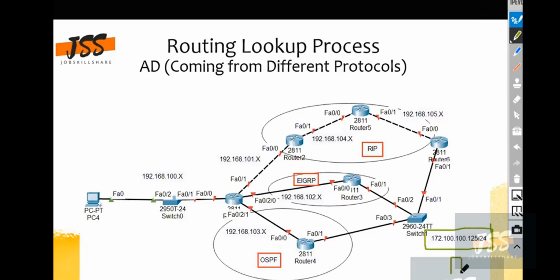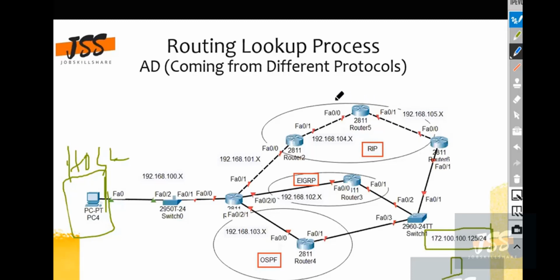This is our host machine that is looking to reach this destination. And this destination is advertised via many ways.